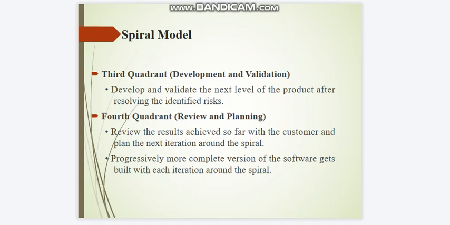Fourth quadrant, review and planning. Review the result achieved so far with the customer and plan the next iteration around the spiral. Progressively, a more complete version of the software gets built with each iteration around the spiral.